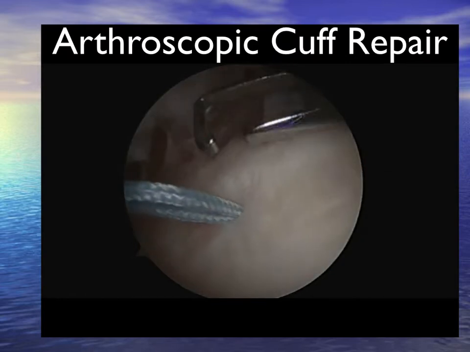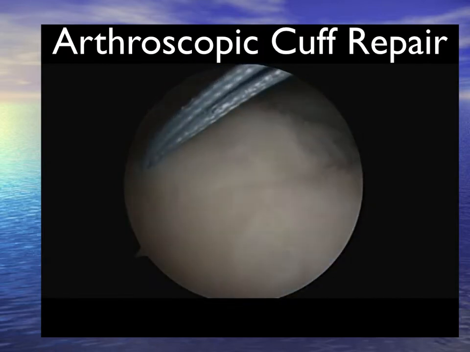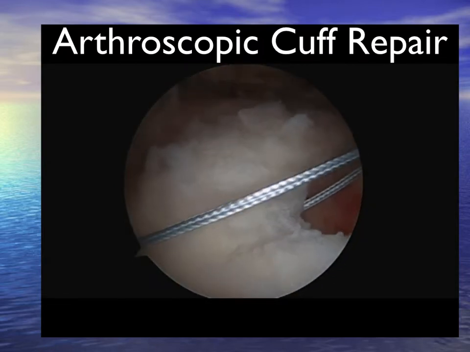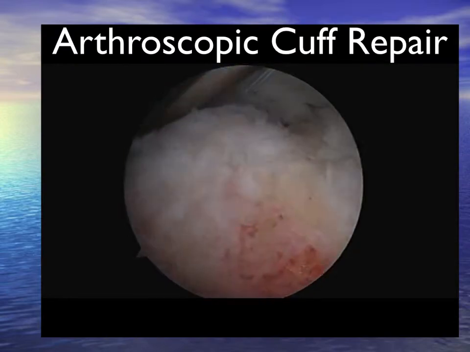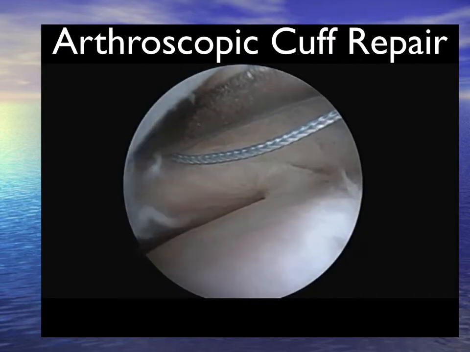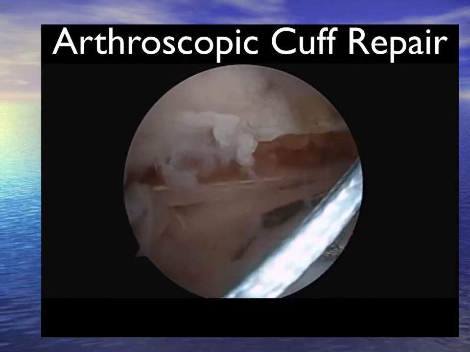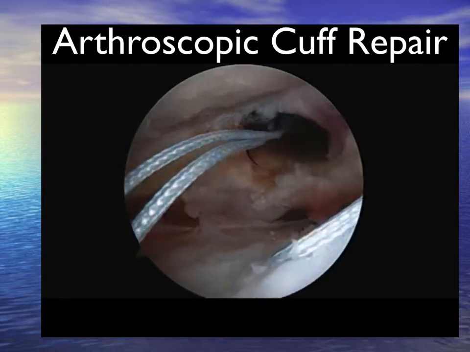We do this and pass a variety of sutures through the rotator cuff, and after we have completed passage of the sutures through the rotator cuff, we will actually repair this to the prepared surface on the greater tuberosity or the upper arm bone. And so this device has revolutionized the way that we actually treat rotator cuff tears.